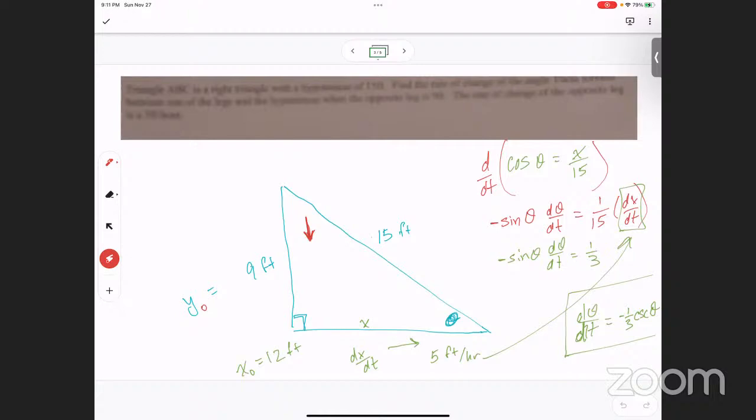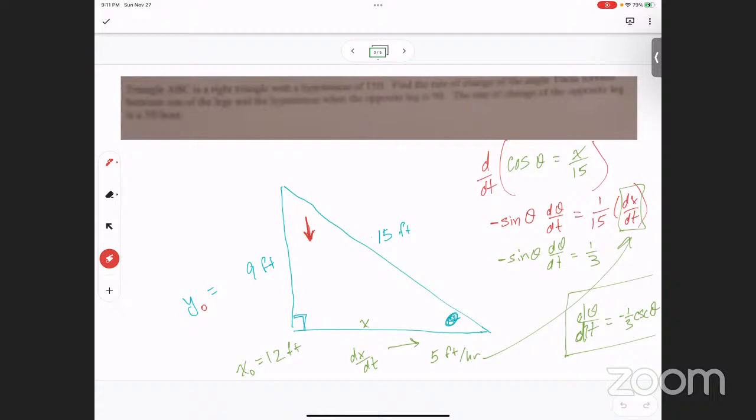I think it says find the rate of change of the angle theta formed between one of the legs and the hypotenuse when the opposite leg is 9 feet.